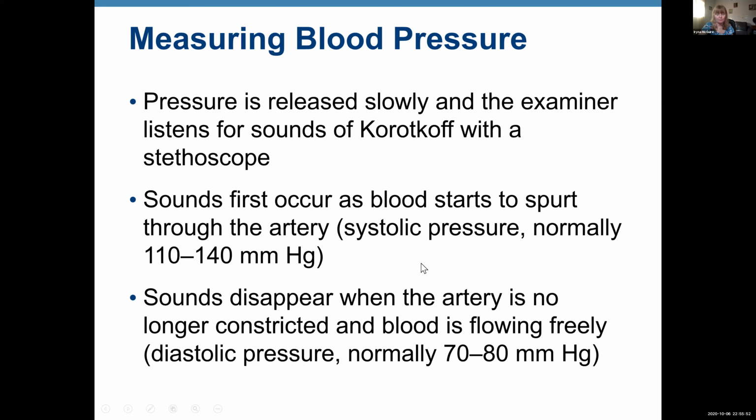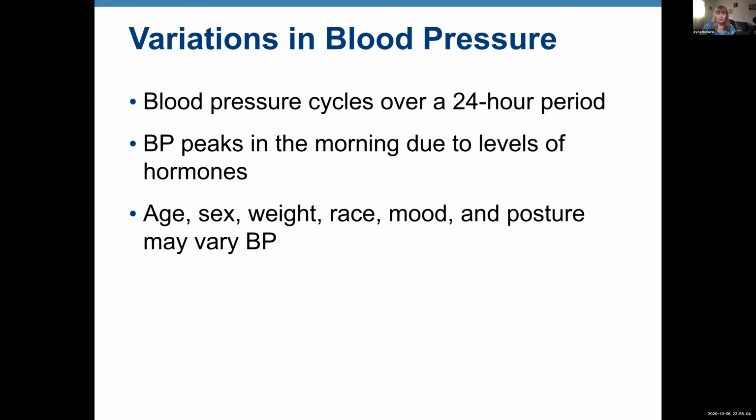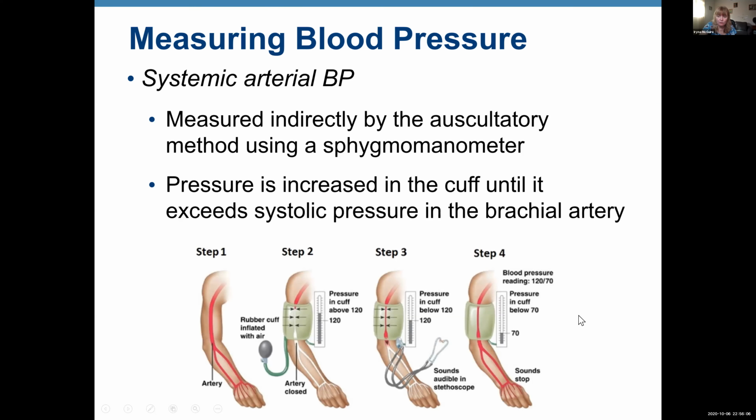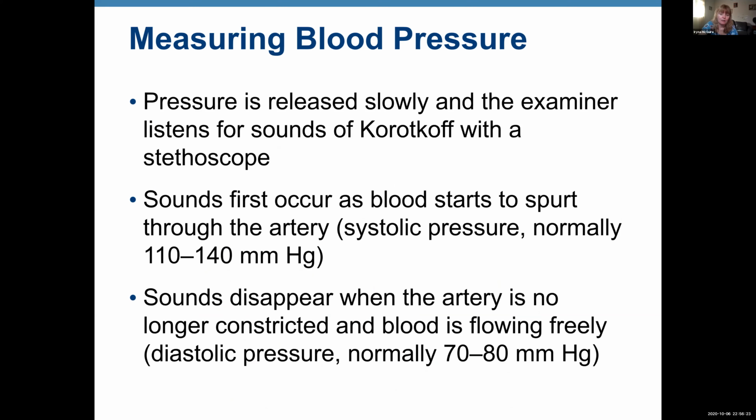That's the systolic pressure, normally 110 to 140. The sounds disappear when the artery is no longer constricted and blood is flowing freely. So it's the diastolic pressure. When blood is flowing freely, you don't hear any sounds. It's just moving through the blood vessel. The moment you stop hearing them, that's the diastolic pressure, about 70 to 80 millimeters of mercury.